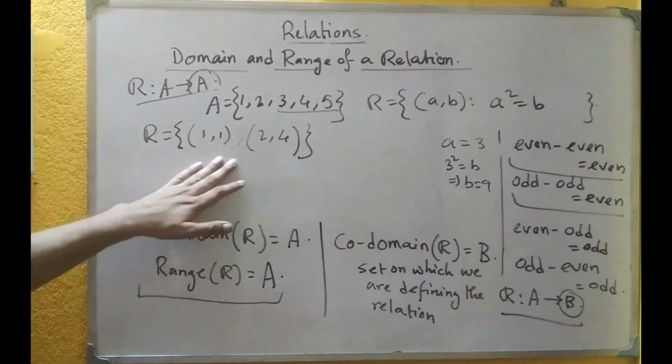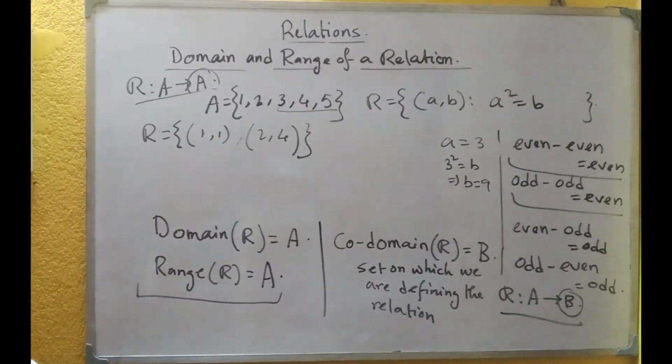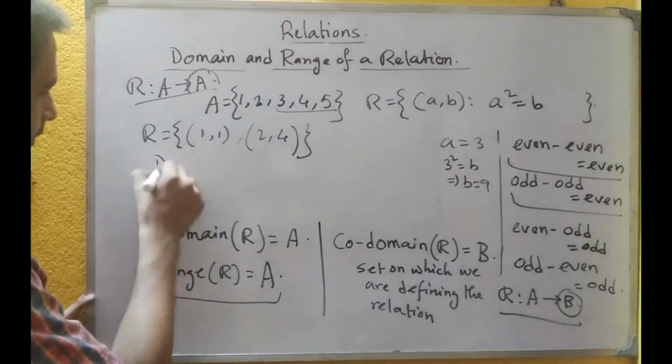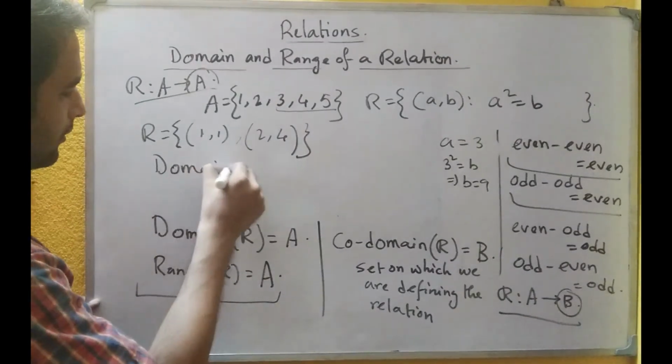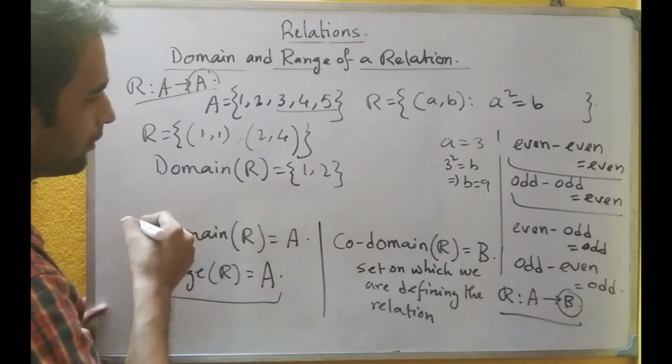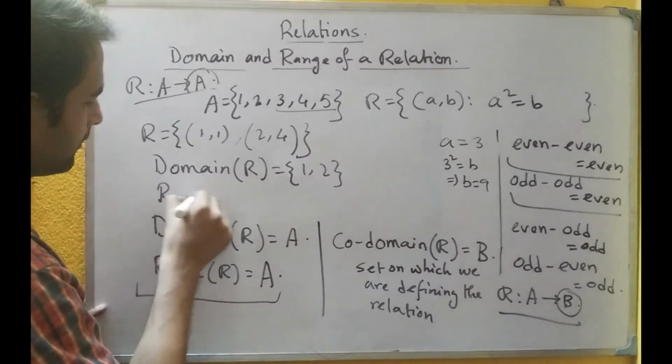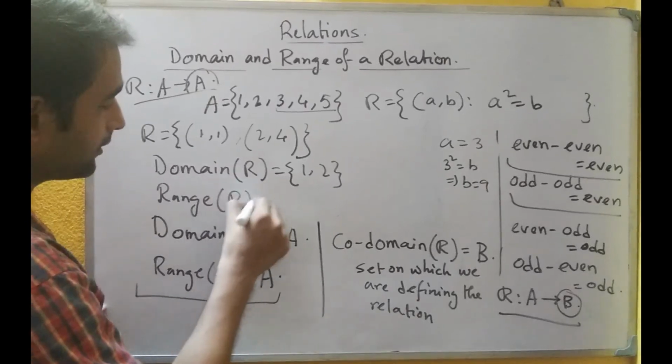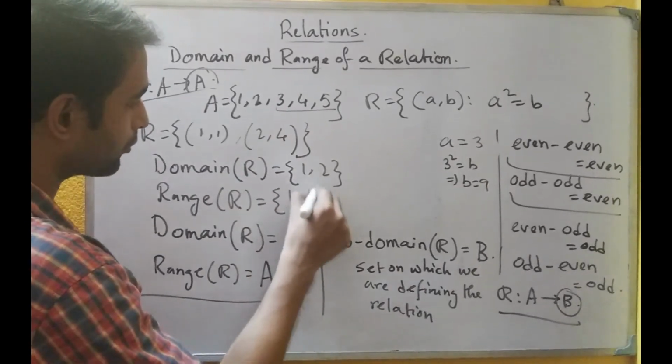So the relation will be with these two elements only. So then see, the domain here is only 1 and 2, and the range here is 1, 4.